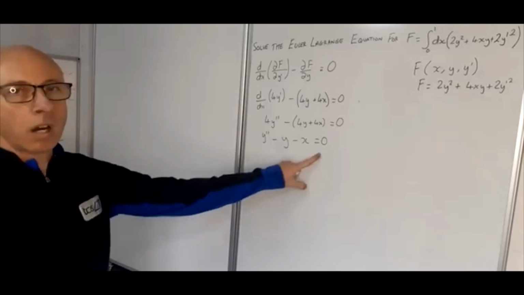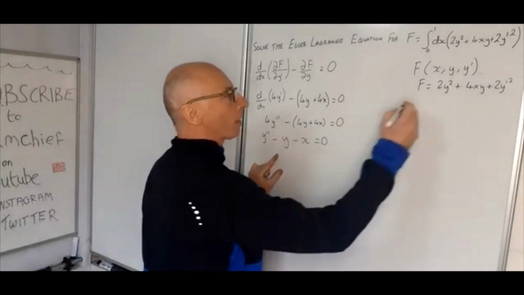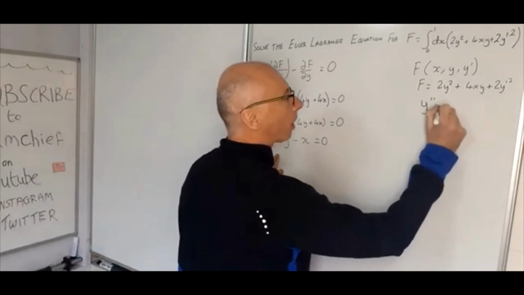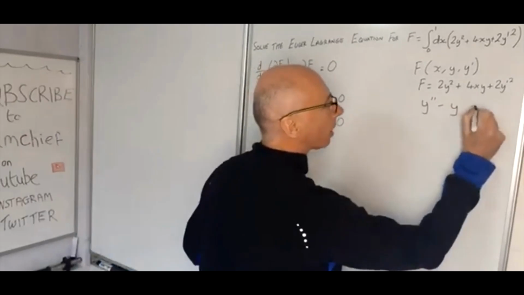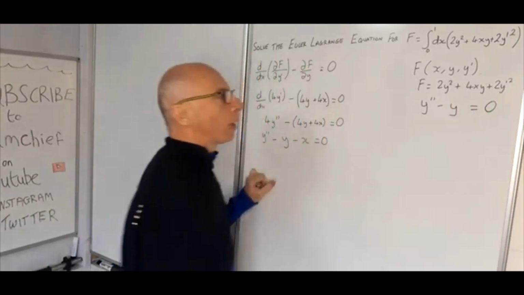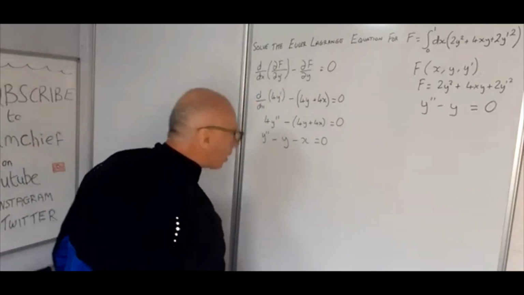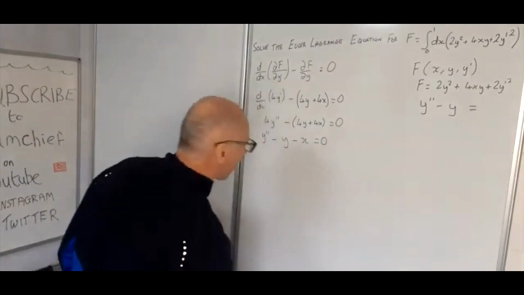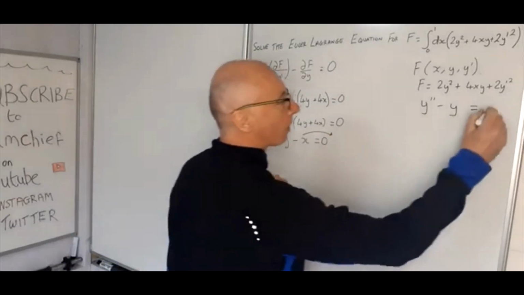Okay, so we've got our Euler Lagrange equation, which we now need to solve. So let's write this up here, y double prime minus y, and then bring the x to the other side. Sorry, it's not 0, it is x. So if I bring this x over the other side, I get positive x.